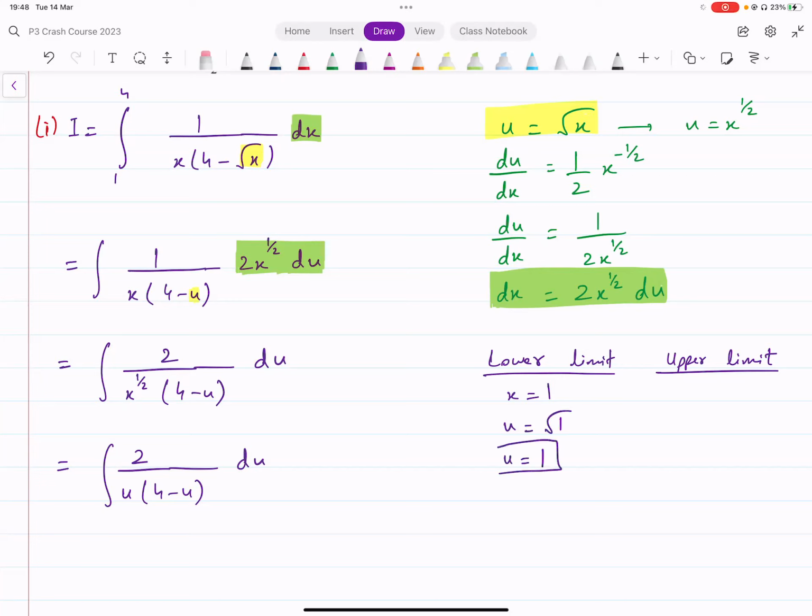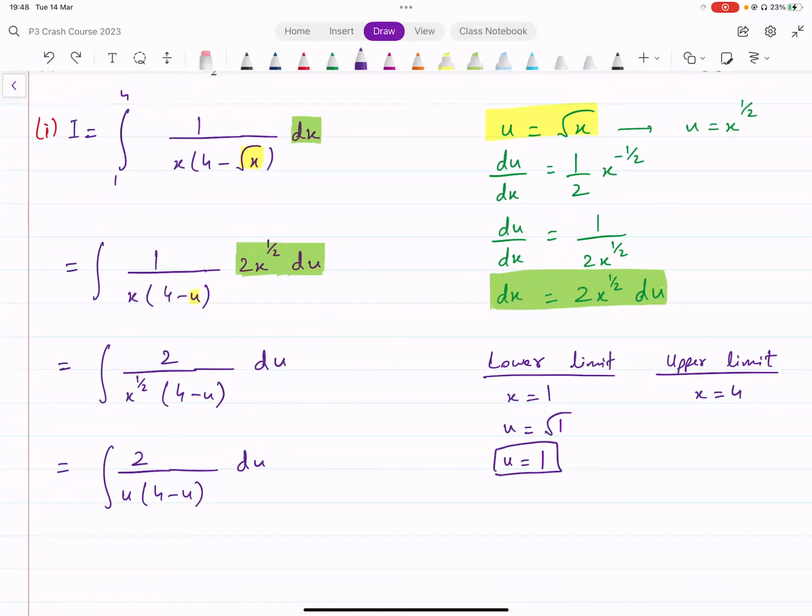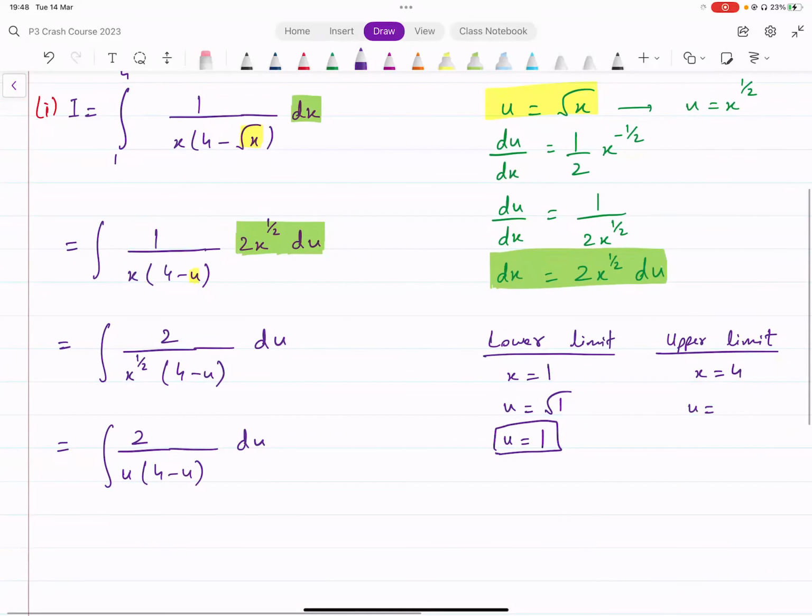This is your lower limit. Upper limit for x was 4 here. u is square root of x, so u becomes square root of 4, and u turns out to be 2. That's the value of u that we have here.